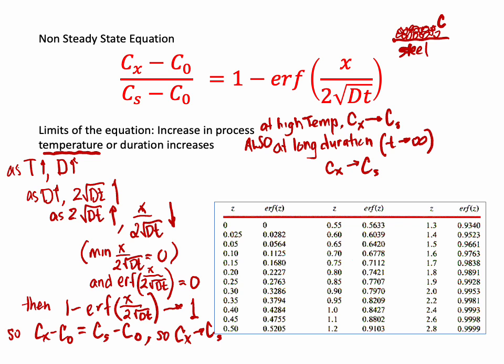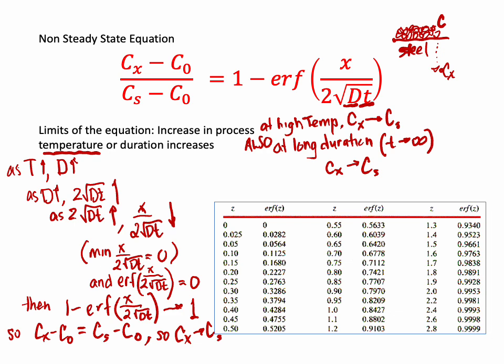And at the surface, there's a concentration C sub s. And as we go deeper into the steel, we can measure C sub x. And so if temperature is high, which affects diffusivity and makes it high, or if time is long, then the concentration at depth x will approach the concentration at the surface.